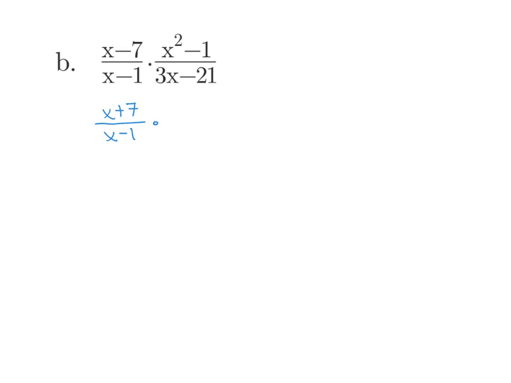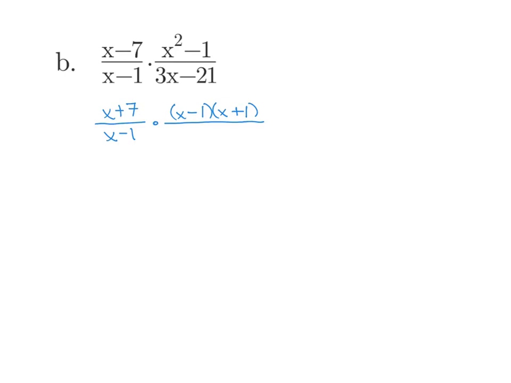On the right side, x squared minus 1 is difference of squares. x squared is x and x. Things that multiply to 1 is 1 and 1, and we have different signs. On the bottom, the only thing I can do is factor out a greatest common factor.